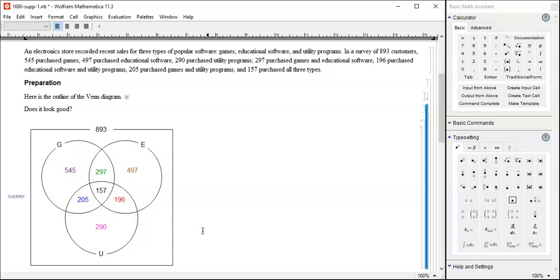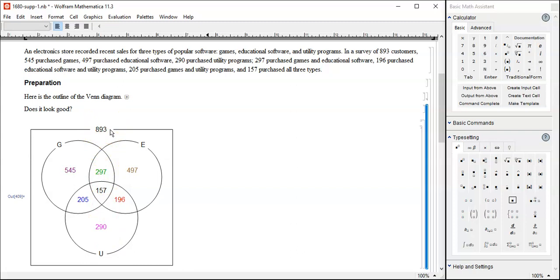And then if you want to find out how many people purchased neither, the total is 893. So if you add all these up and then subtract from 893, you're going to get the people who are not counted in any of those. But then again, you're going to find a problem here. If you add up these numbers, that'll exceed 893.